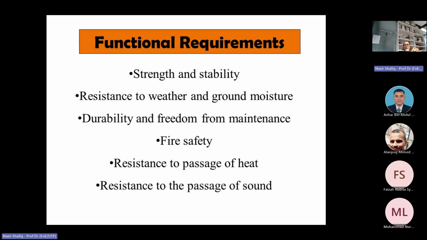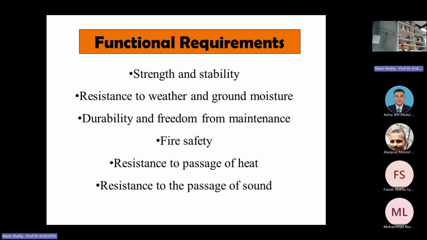So good maintenance means continuous inspection, and not only inspection, but the continuous evaluation of inspection data, which will help us to predict the losses, or the rate of losses.